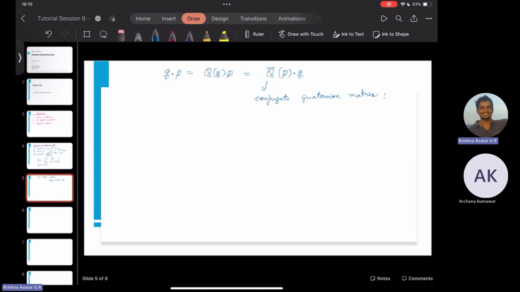And the mapping is given by Q bar from H to R 4 cross 4.